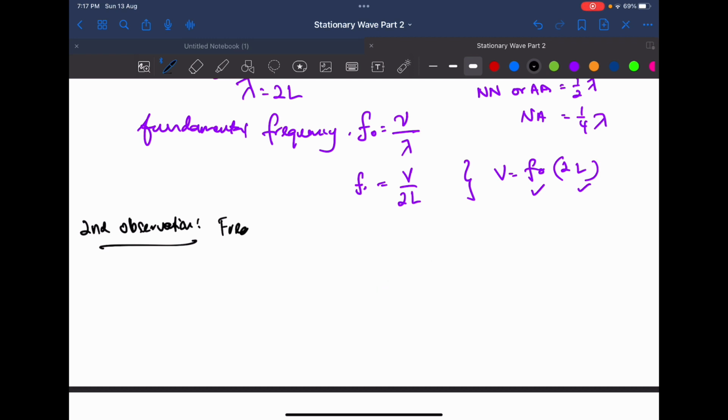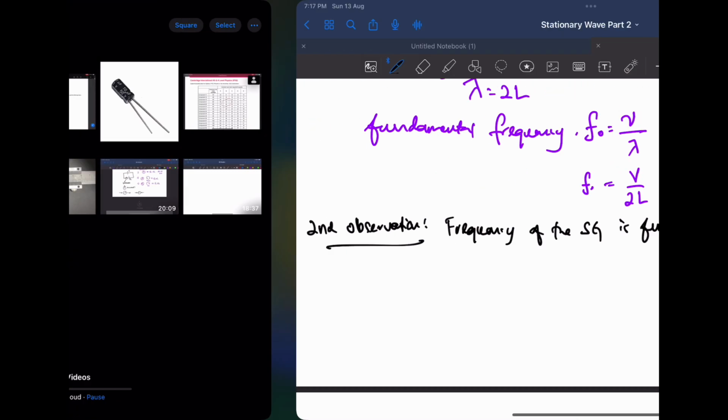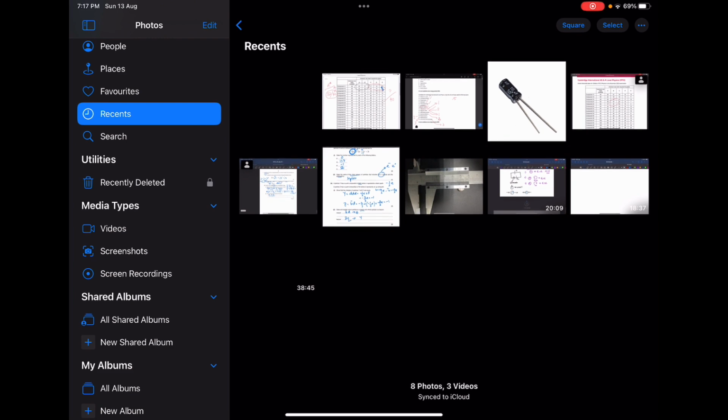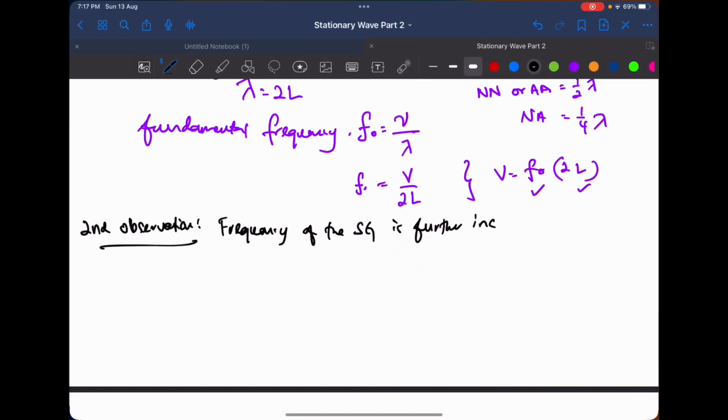The second observation, so the frequency of the signal generator is further increased until two loops are observed.